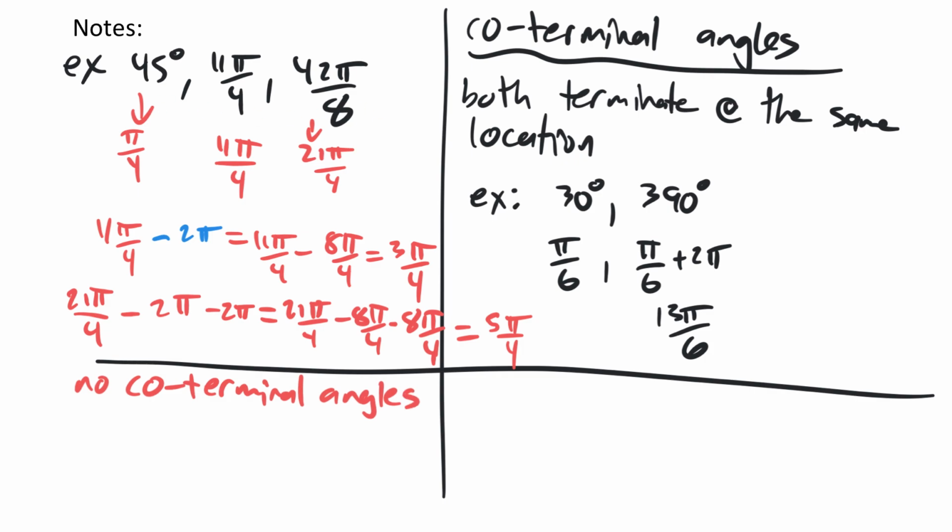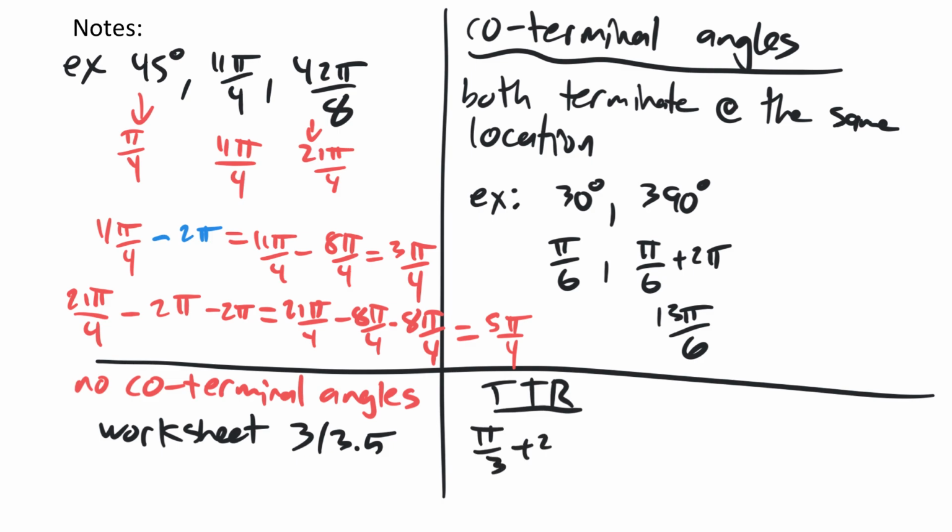All right, so for some extra practice, you can grab an example from worksheet 3 or 3.5. And then any things to remember, I would definitely encourage you to work on this idea with the pi over 3, let's say, plus 2 pi. We got to work on our fraction skills, so you can put this over 1, multiply by 3, multiply by 3.